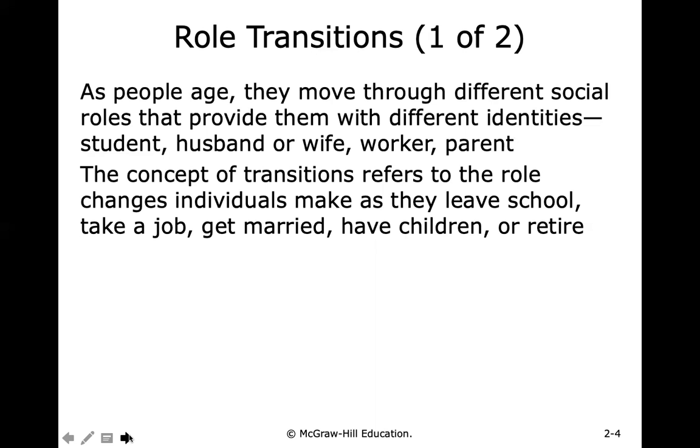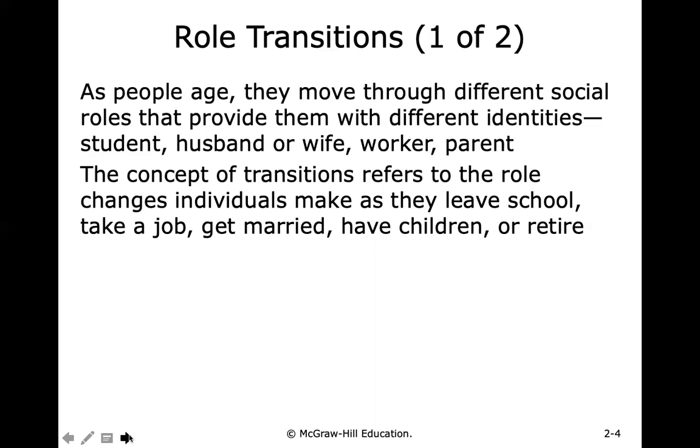That's your role transition. During that time, you may also get married. And for some, they may become parents. And then for some, if they become a stay-at-home parent, they then transition out of that worker role into a stay-at-home parent role. So all of these things then lead us up to this role transition of potential retirement.